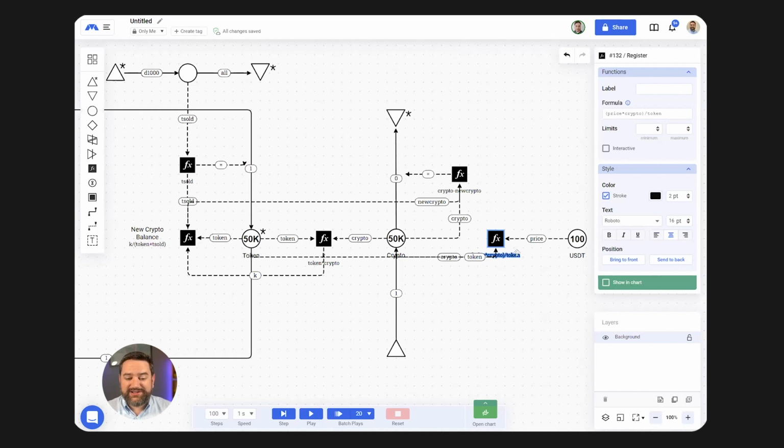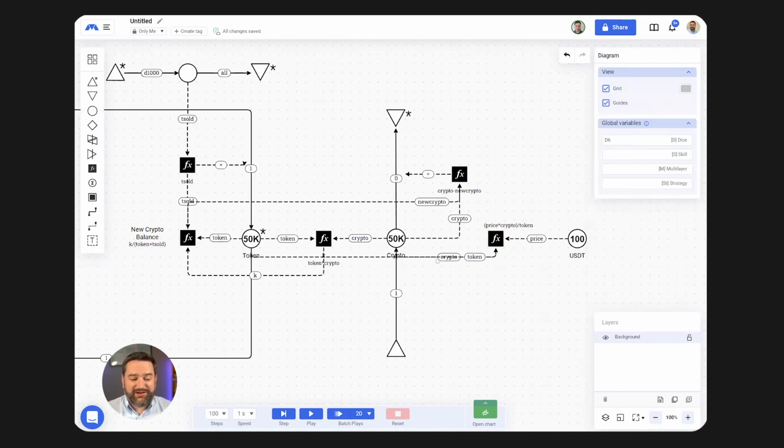So what this formula is going to do is say the value of the tokens is worth whatever the value of the crypto is in total. So if we take the number of tokens that we have in our liquidity pool and do this calculation, it's going to calculate for us exactly how much these tokens are worth.